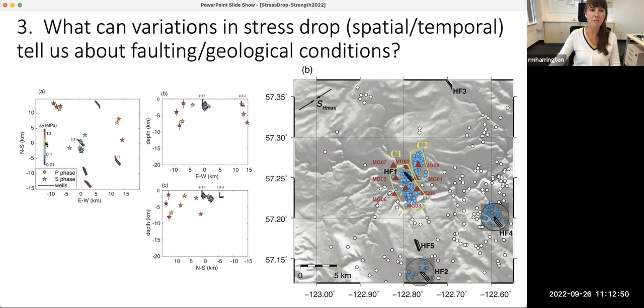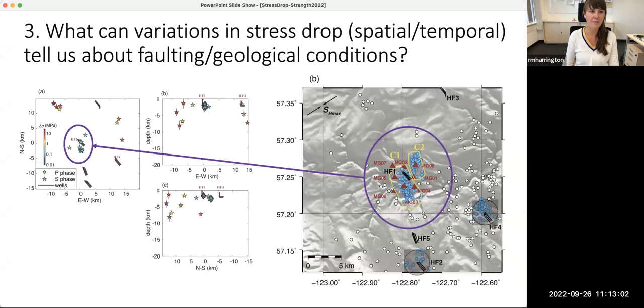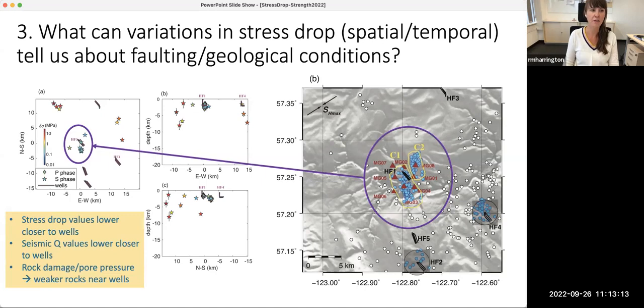So while we don't necessarily believe the absolute values for these stress drops, we do have evidence to suggest that the relative differences could be consistent. As I said, the cluster 1 and cluster 2 seismicity, which was located very close to the well, have systematically lower stress drop values relative to the other values.